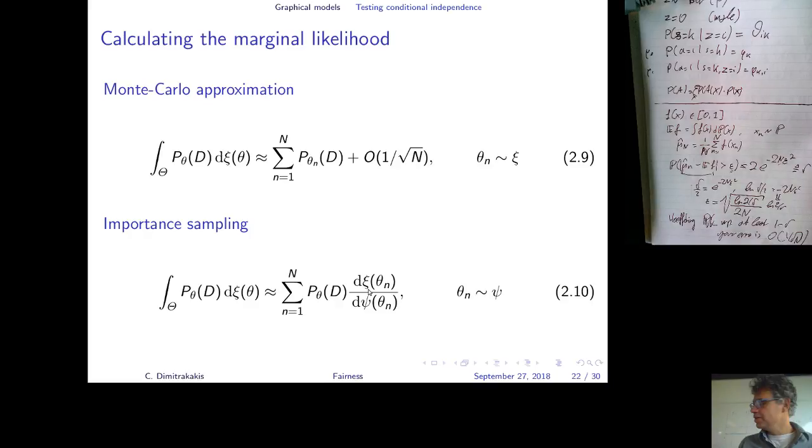Okay? This is the probability of this parameter value under one relative to the other. So that's all there is. This is called importance sampling because you are basically increasing the importance of some of the samples over others by this ratio. That's the idea, at least.